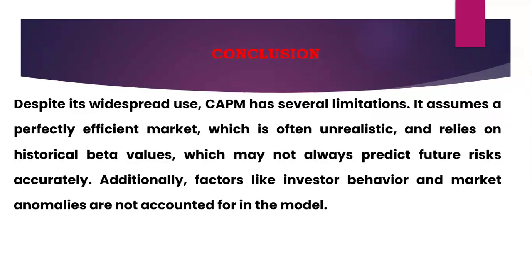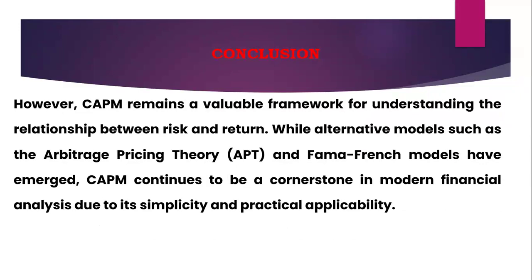Despite its widespread use, the CAPM has several limitations. It assumes a perfectly efficient market, which is basically unrealistic and not possible at all, and relies on historical beta values, which may not always predict future risk accurately. Additionally, factors like investor behavior and market anomalies are not accounted for in this model.